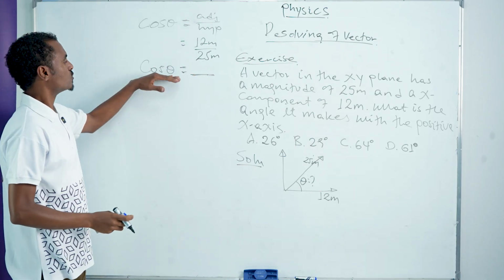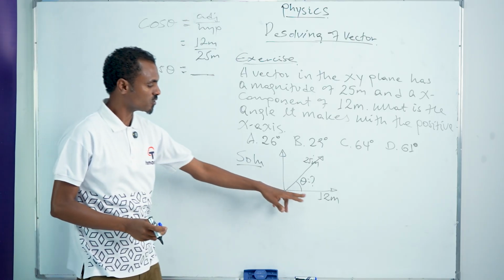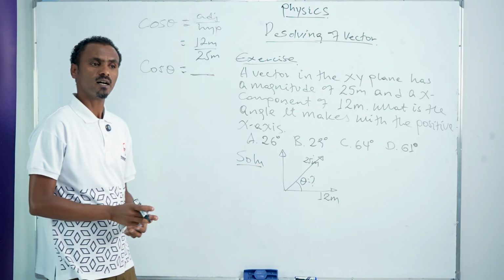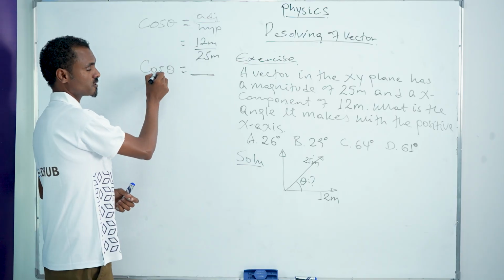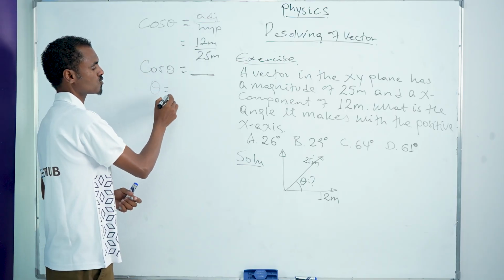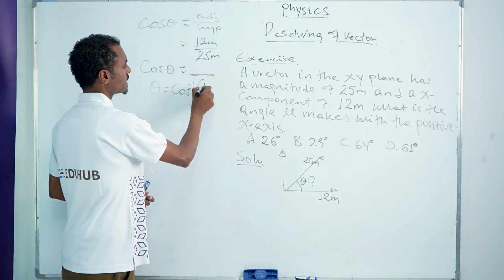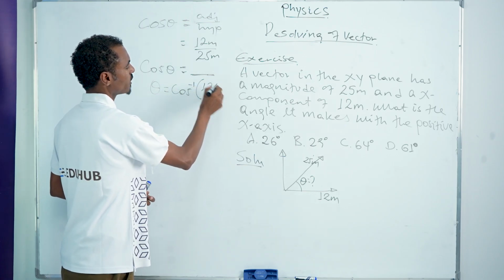What shall we do to know the value of theta, the angle set between the horizontal and the resultant? It must be expressed as theta equals cos inverse of 12 over 25.